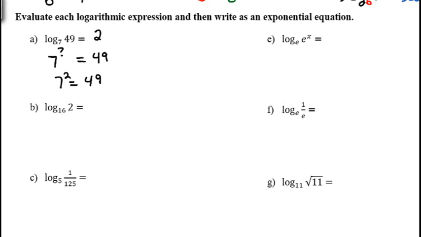Our next one is log base 16 of 2, and so we want to know what power I can raise 16 to so that I get 2. This one's a little harder because I'm starting from 16 and want to raise it to a power so that I get 2. So I need to get smaller, which means the power is going to have to be a fraction. Basically I want to know what root of 16 I can take so that I get 2.